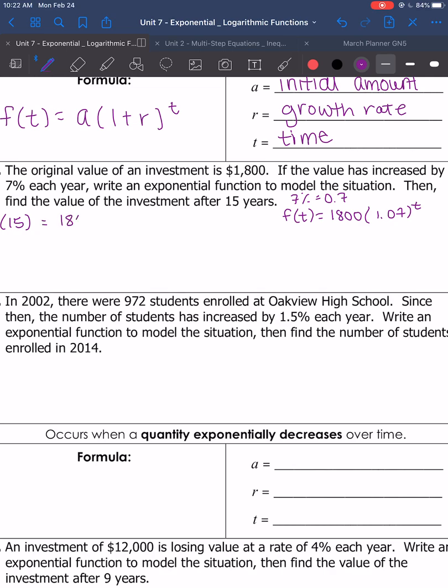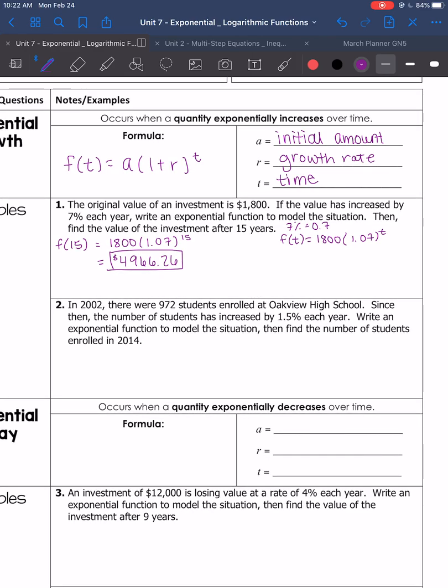So 1,800 times 1.07 to the 15. So that's $4,966.26. So that's the value of the investment after 15 years. So then 2 is for you to do.